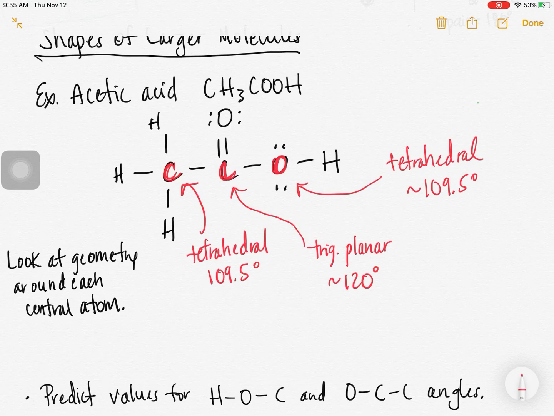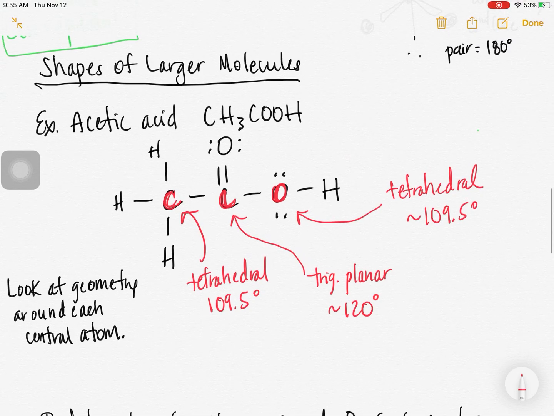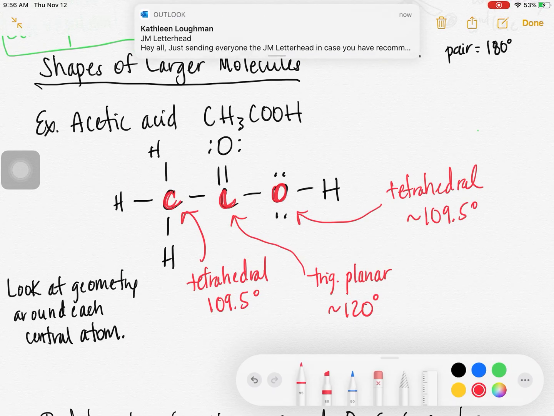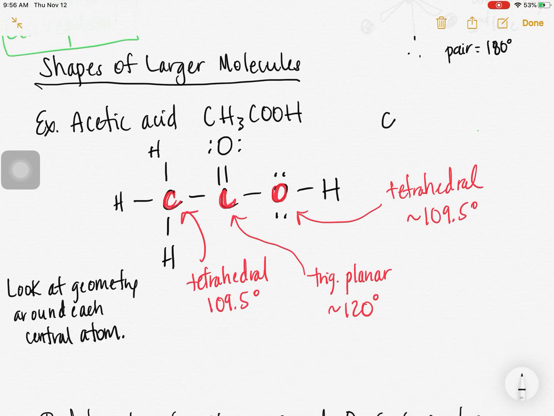So in this case, you really can't talk about the geometry of the whole molecule because it's the geometry at each of those atoms. So I can actually draw a more realistic picture of this, and this is what it would look like. So if I do my geometry around my first carbon, it would be a tetrahedral arrangement. Okay, and then this would be the second carbon.